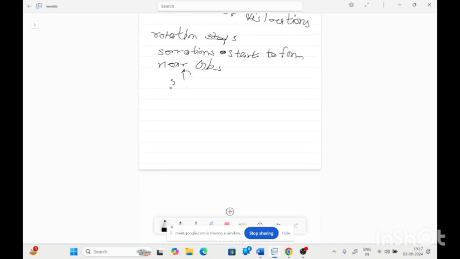So the serration can also be overcome or ruled out by migration of grain boundaries.